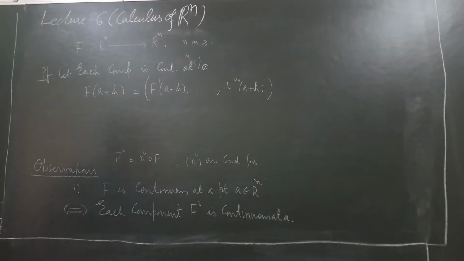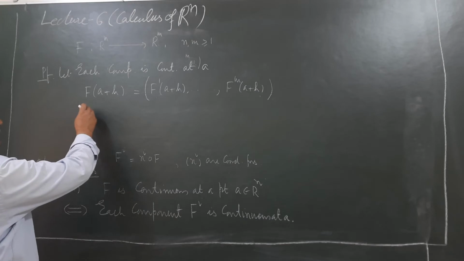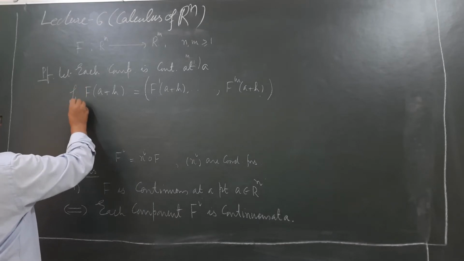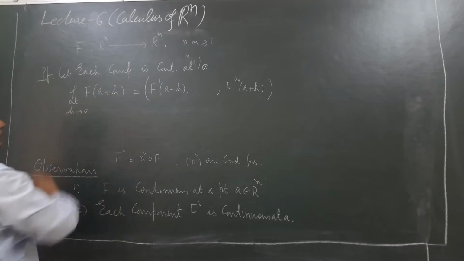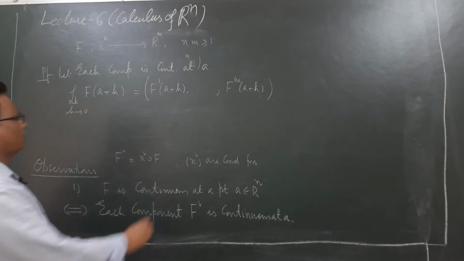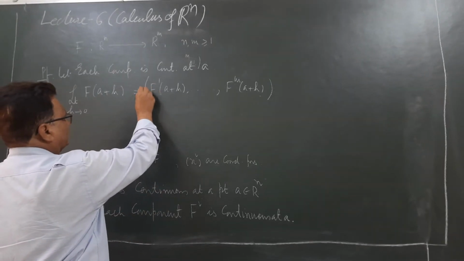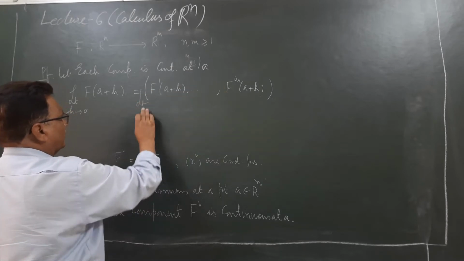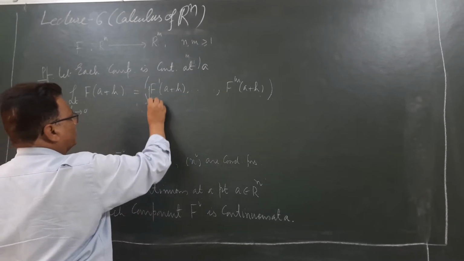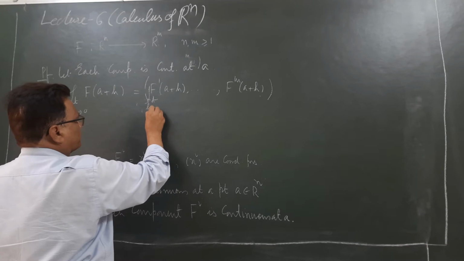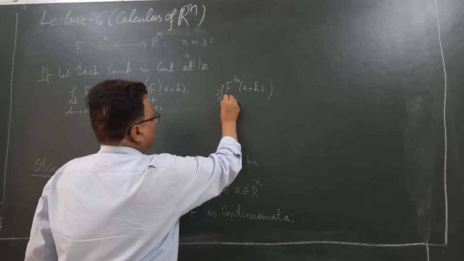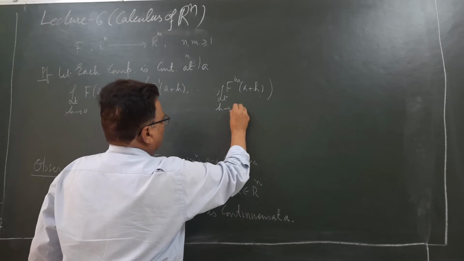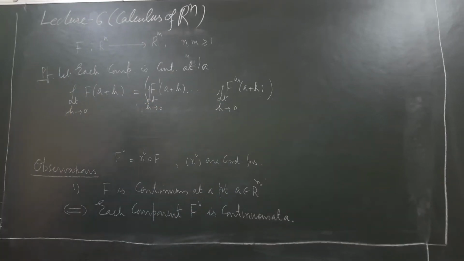So, I have to show it is continuous. Consider the limit when h goes to 0. This limit on the right side is equal to the limit of the first, comma, limit of the second, and so on. Lastly, limit of fm(a+h).